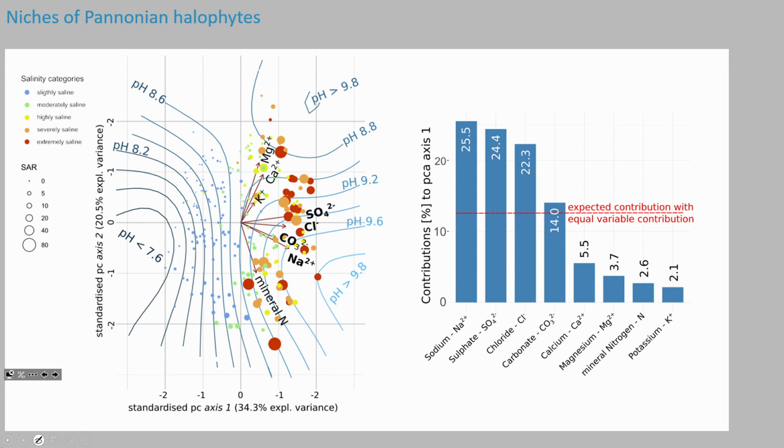And then we also plotted the pH. It's not very much correlated to the first axis, but a bit. And you cannot see it from this graph, but pH is more correlated to the third axis, where we also have carbonates highly correlated, and a high amount of carbonates drives a high pH in the soil.